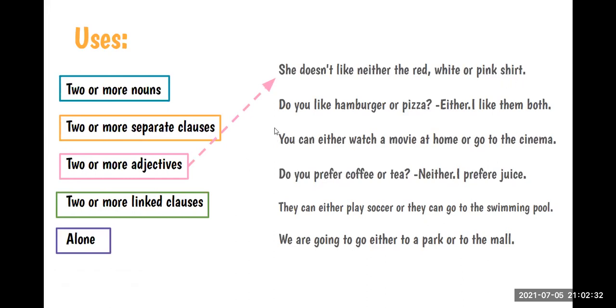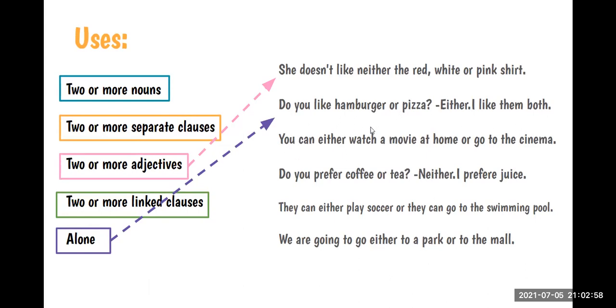Number 2: do you like hamburger or pizza? Either, I like them both. What are we using here? Alone. We are using this alone, right? We can use this as an answer, either or neither.